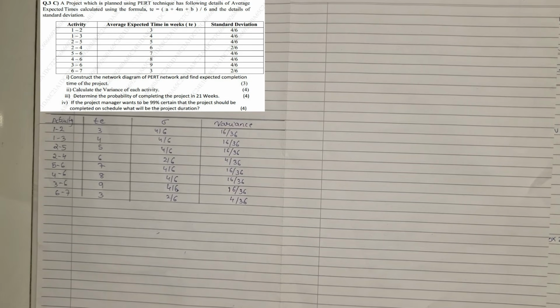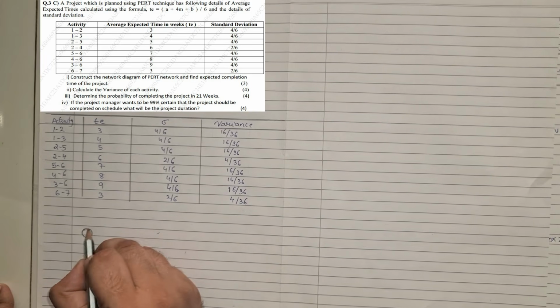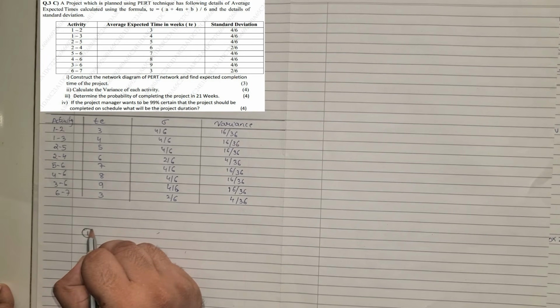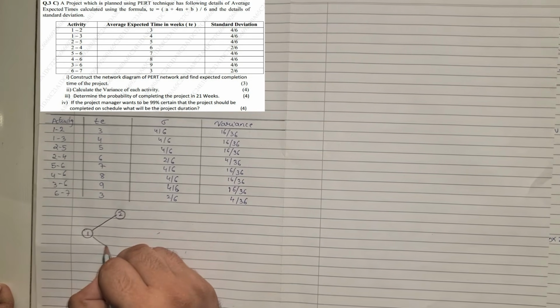Now we need to get the network diagram. So let us see how to draw it. In the question they are giving you activities 1-2 and 1-3. So from node 1 we have activity 2 and activity 3.